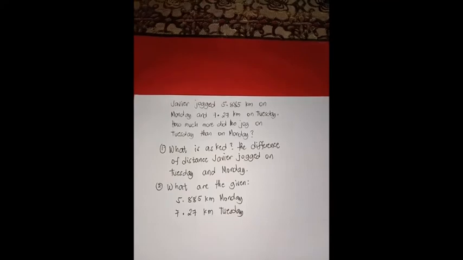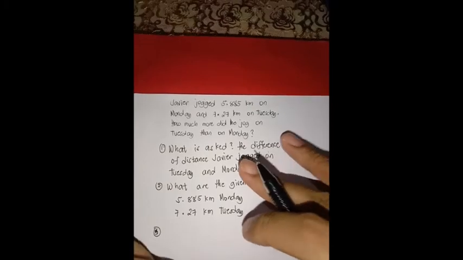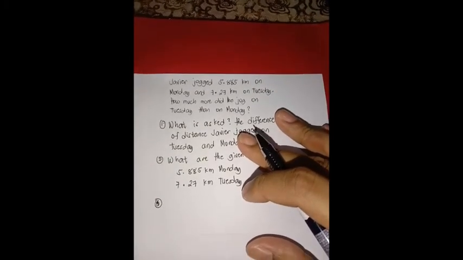Okay, so to solve this, we need to analyze the problem. So therefore, since ang hinahanap natin dito is the difference, so difference meaning magsusubtract tayo. So therefore, subtraction yung ating operation here. So to rewrite the equation, so number 3, so equation tayo. So mag-a-adjust lang ako. Okay, so equation.